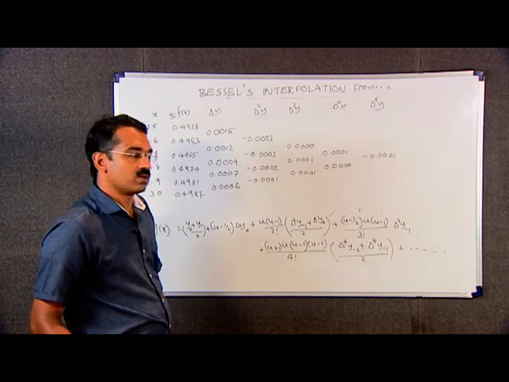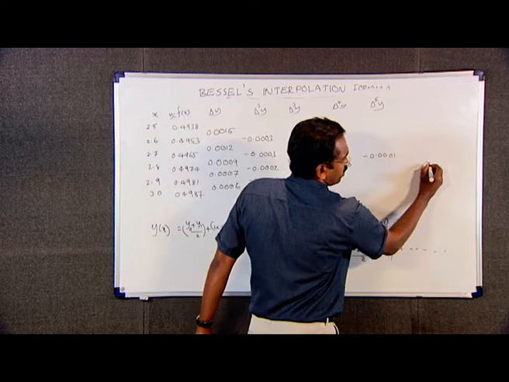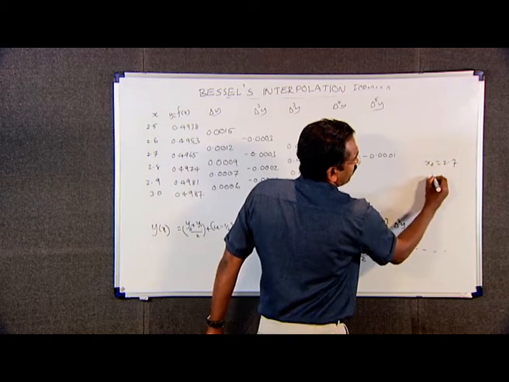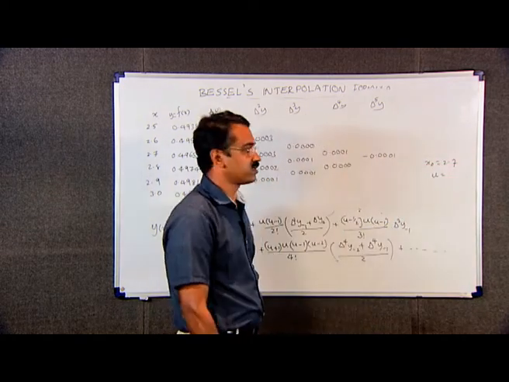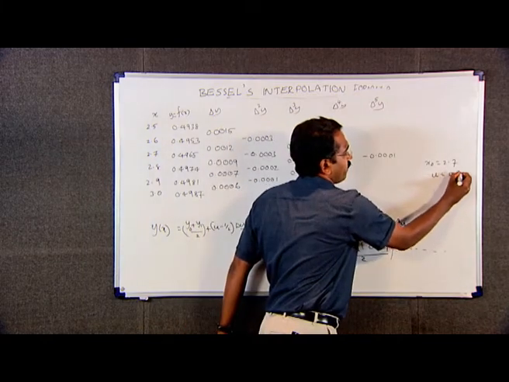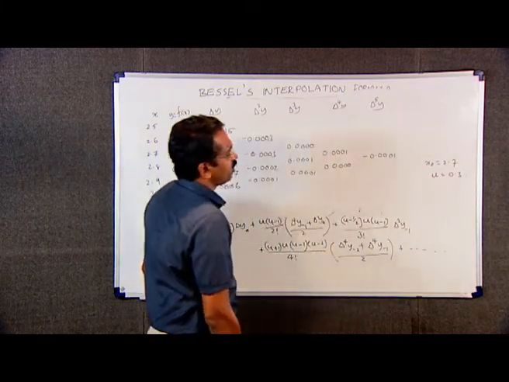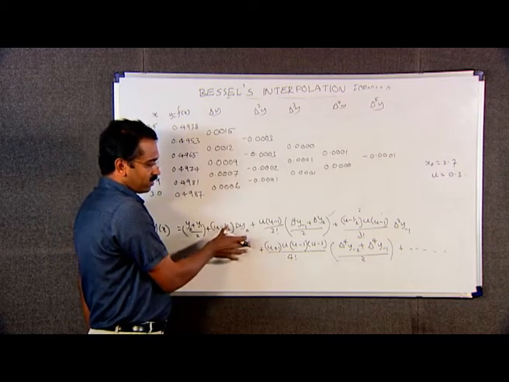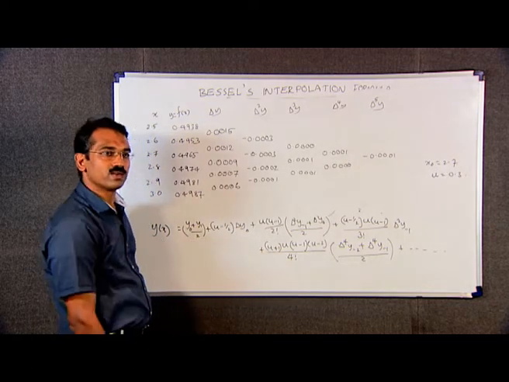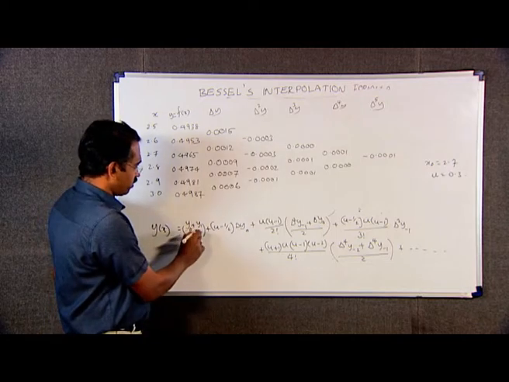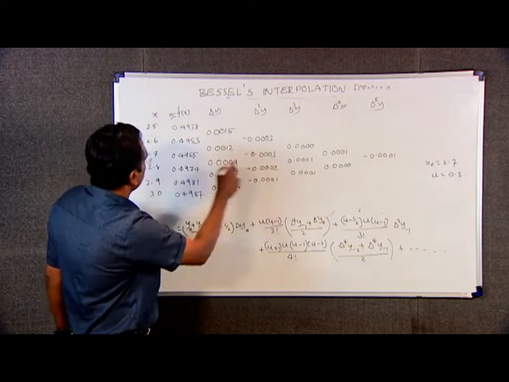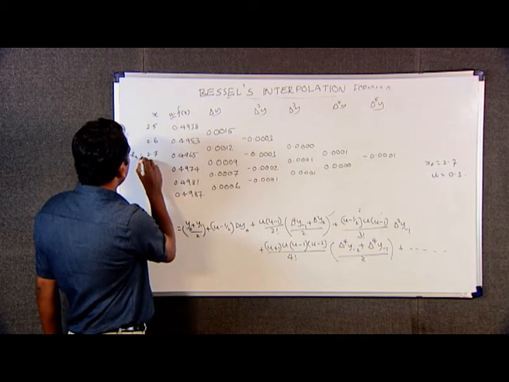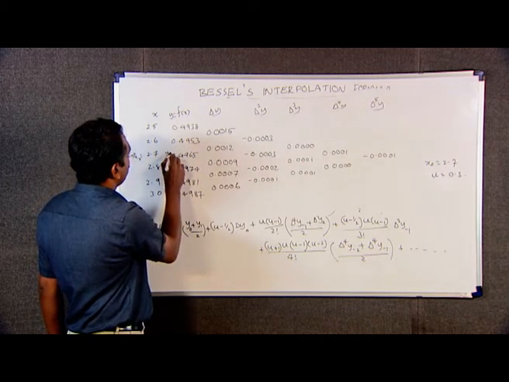Now, here x0 is 2.7, and the value of u is 0.3. Therefore, the terms contained in this formula are y0 and y1. x0 is 2.7, so this is y0.